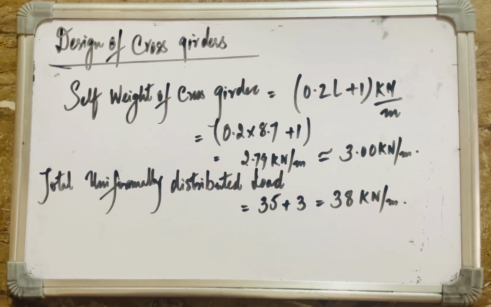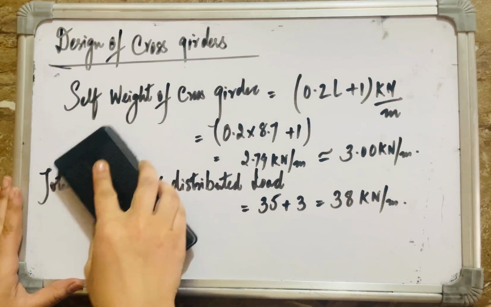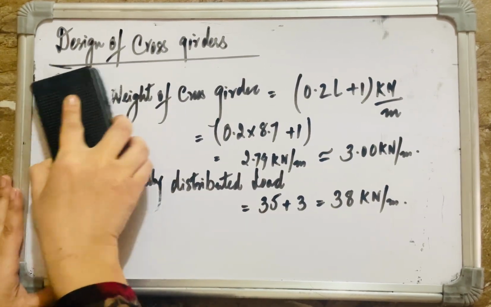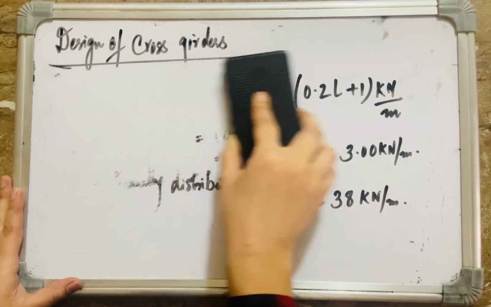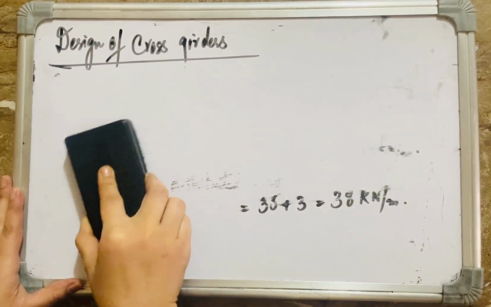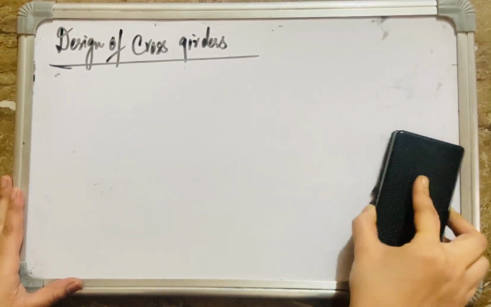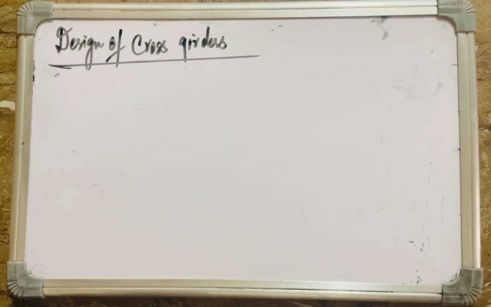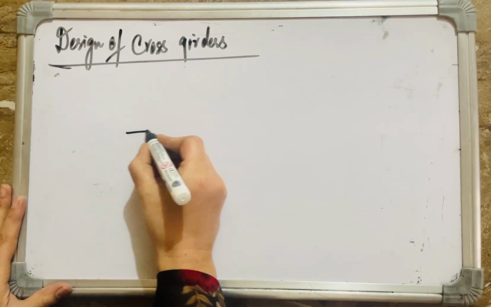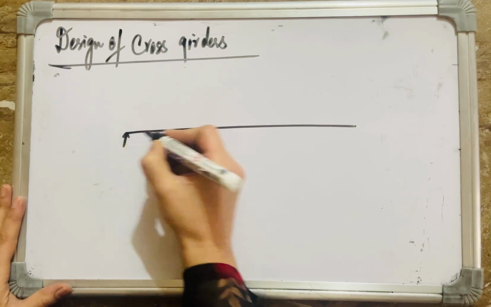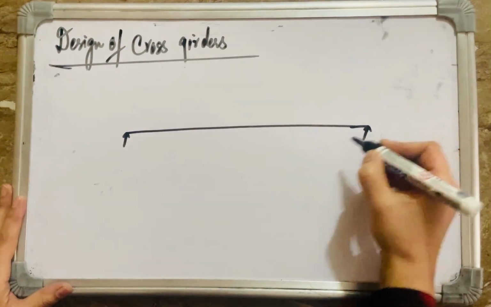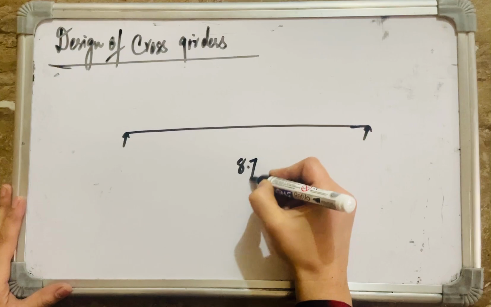All right. So let me draw the diagram for the dead load concentrations of the cross girders that I'm designing for my steel truss bridge. All right, this is my cross girder. What is the span? Span is 8.7 meters.